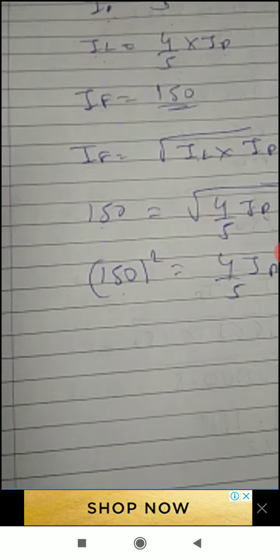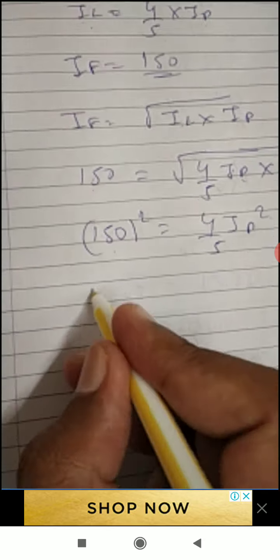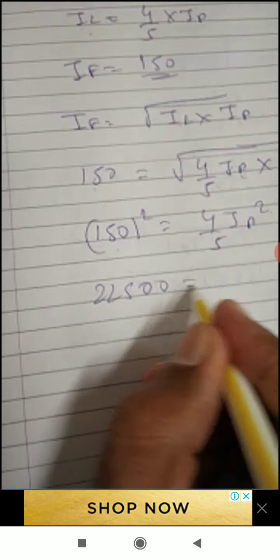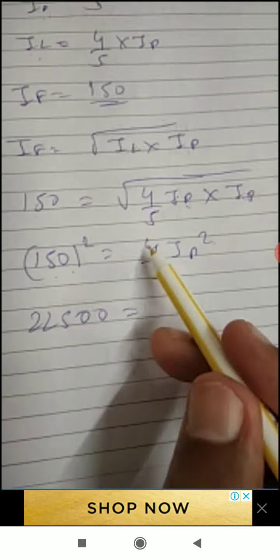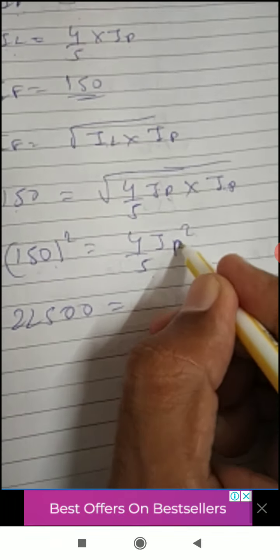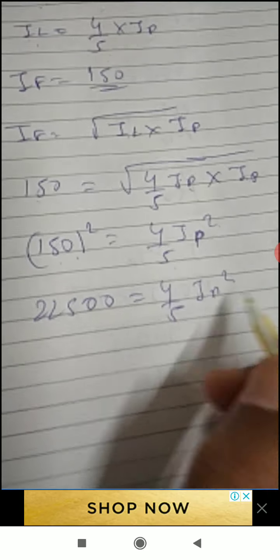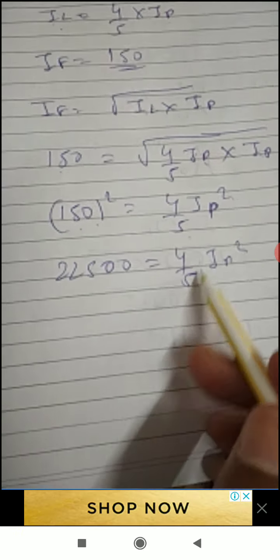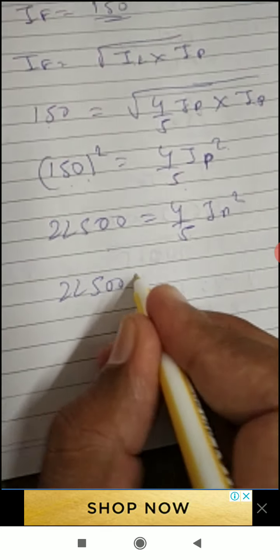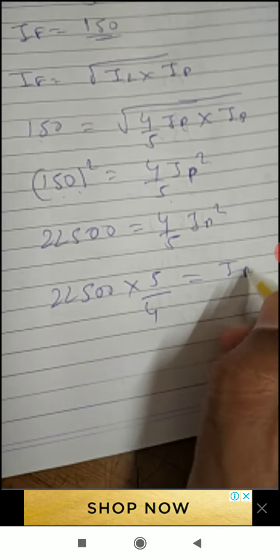Now find the square of 150, that is 150 multiplied by 150. 15 15s are 225, so 22500 is the square of 150. In this case 4 by 5 IP square is given. Now this value comes to the other side, as a reciprocal. So 22500 into 5 divided by 4 equals IP square.